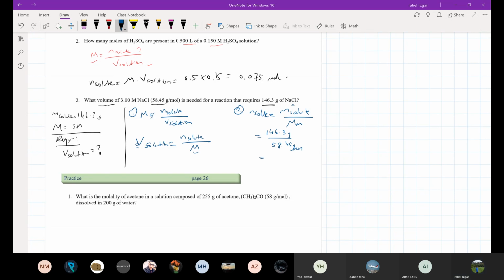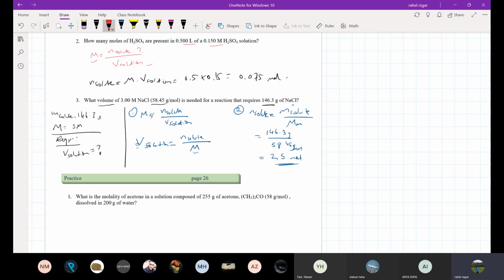And the result, I think it's 2.5. Let me check. Yeah, 2.5 mole.